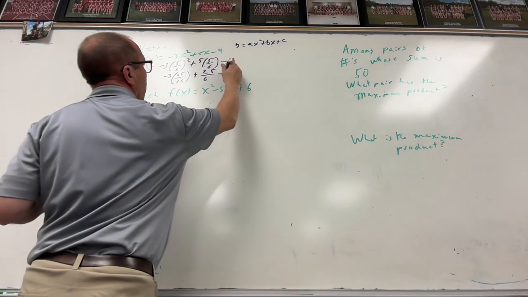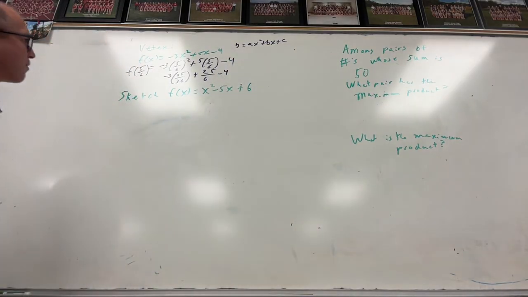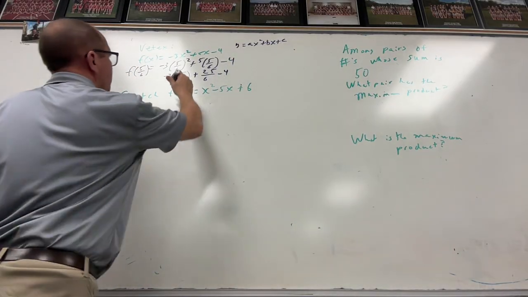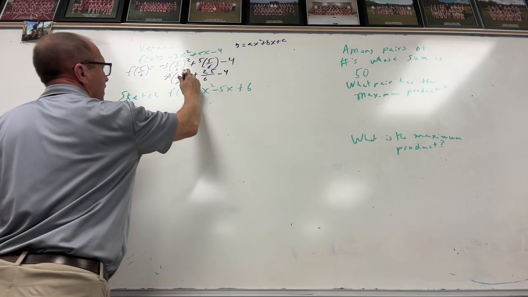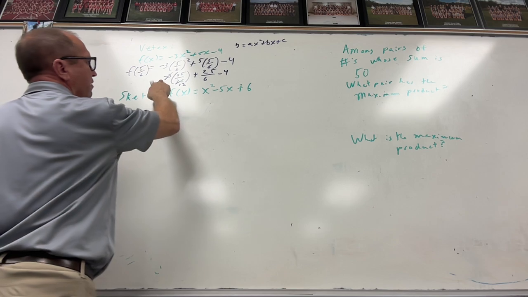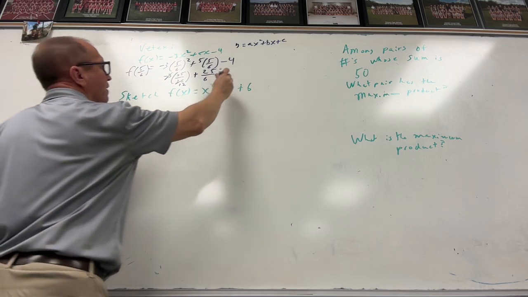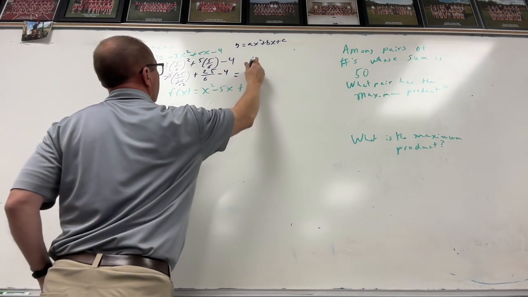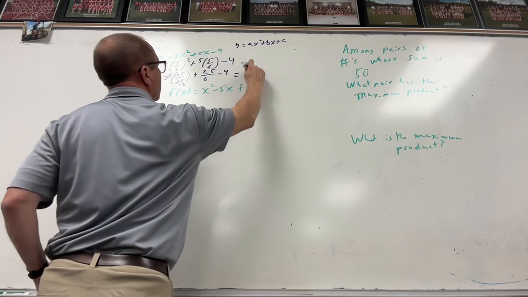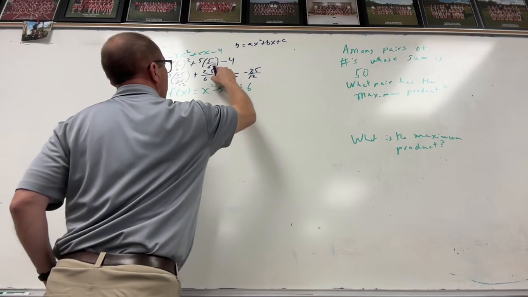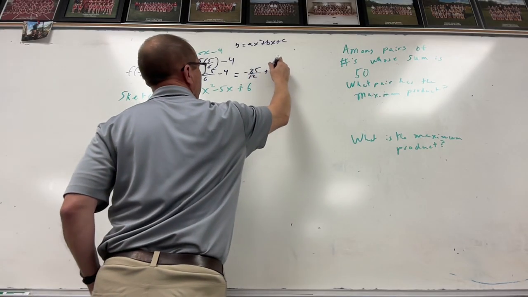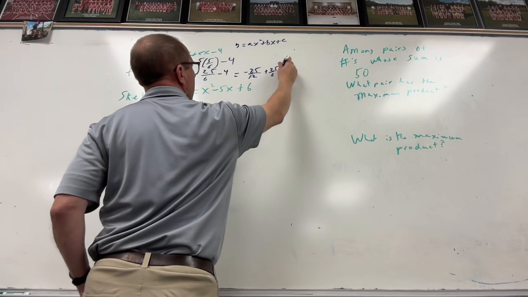And then minus 4. So from here, the negative 3 goes into 36 negative 12 times, but I'll keep the negative here. So this becomes negative 25 over 12 plus 25 over 6 minus 4.